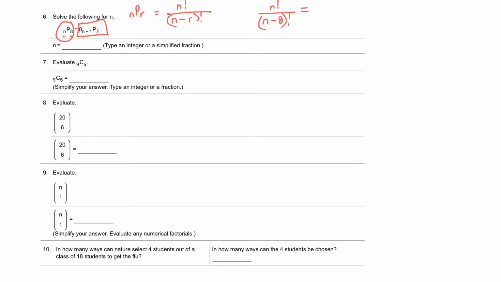So let's do the same thing with that. On the top I'll have n minus 1 factorial, over on the bottom is going to be n minus 1 minus 7 factorial.